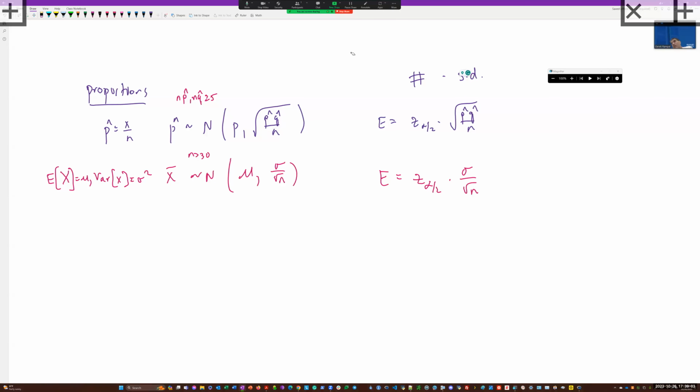But there's kind of a big problem with this. Because in this case here, we were trying to make a confidence interval for p, right? And we had to start using p hat and q hat because we had nothing else to use to guess it. Is that correct?